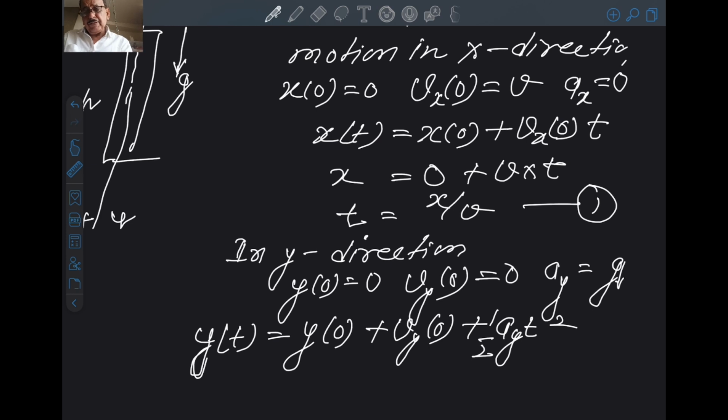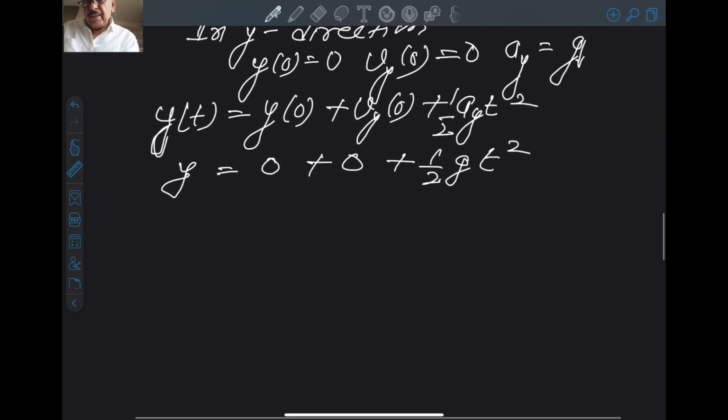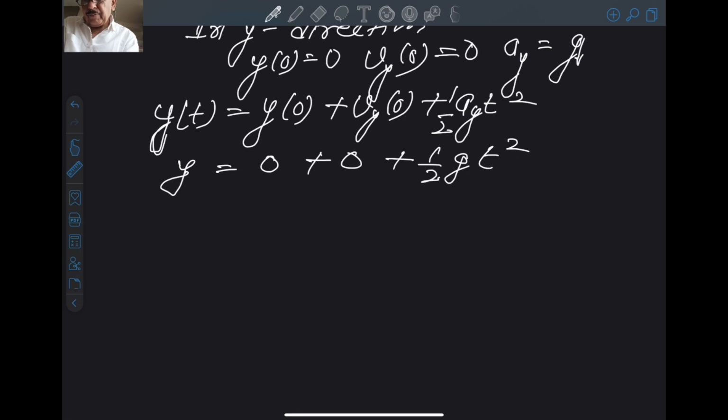Now we put in the values. So y becomes 0 plus 0 plus half g t square. Now we have a simple equation: y is equal to half g t square. This is the second equation.